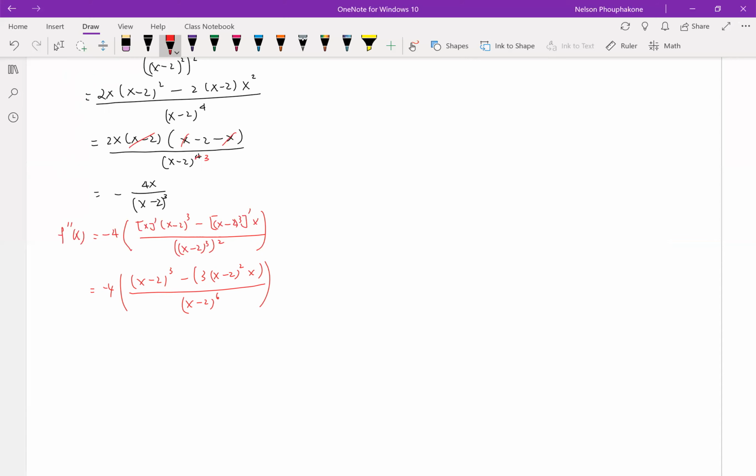For this one, you know that the common factor will be x minus 2 to the square. So then I will have negative 4, and then negative 2x minus 2.